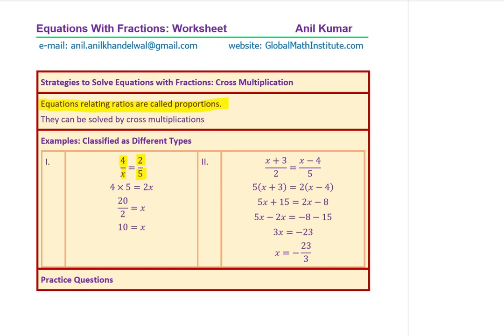Cross multiply means what? If I have A over B equals to C over D, I could cross multiply. That means I will take B on this side and D on this side. In doing so, I am removing the fraction part of it. And what do I get? I get AD equals to BC.